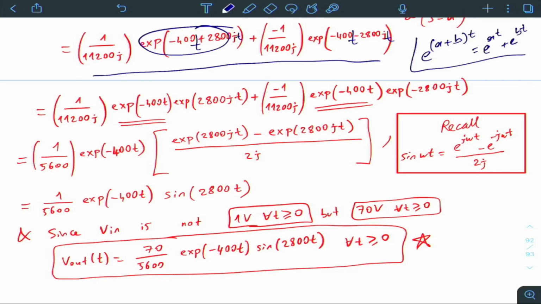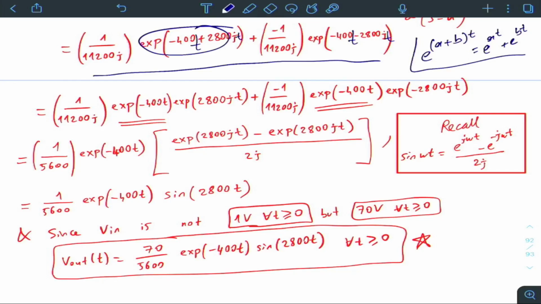And notice this is like 5600 times 2, and since there is j, 5600 times 2j, right? And here this term and this term. We just arrange the terms.